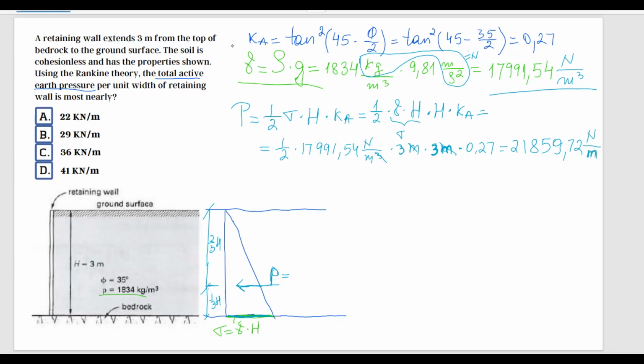In the options given here, A, B, C, D, the results are in kilonewtons. So all I have to do is divide this by 1,000.